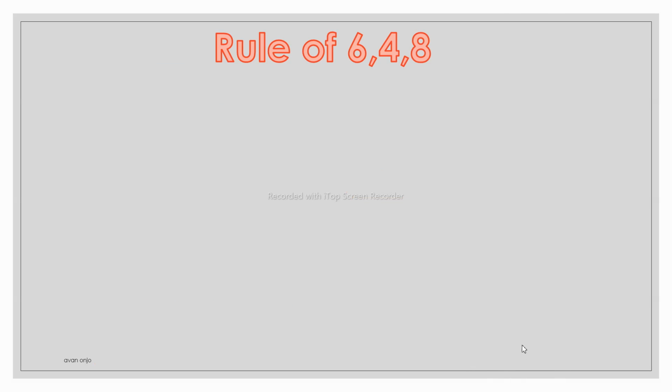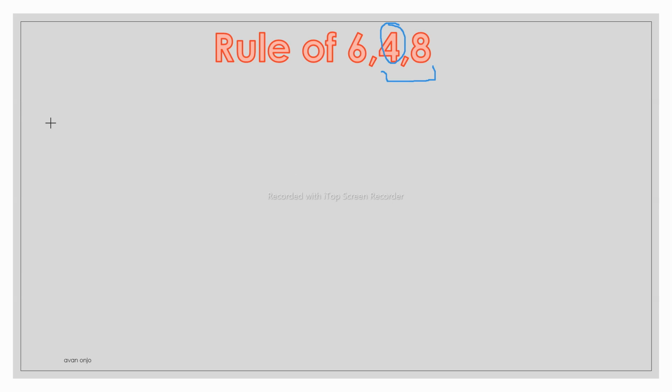Coming to the next rule, that is the rule of 4. Okay, now let me just have a look at the rule of 4. So guys, as you can see, I've kept both the numbers together, 4 and 8. 6 we have already done. So 4 and 8 are somewhat similar rules, that's why I put them on a single slide.